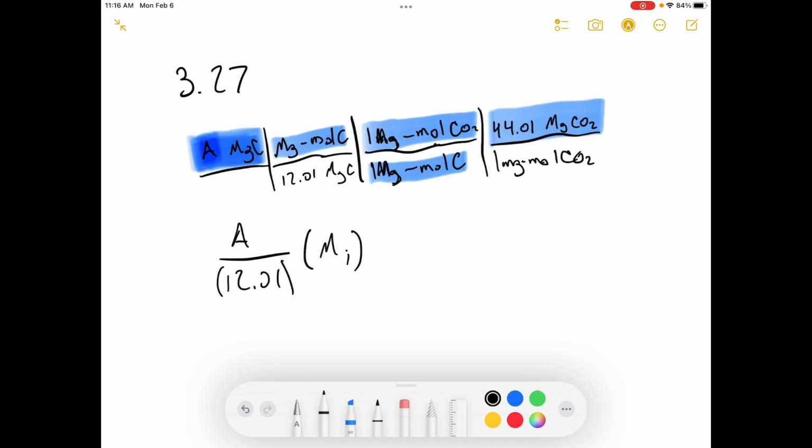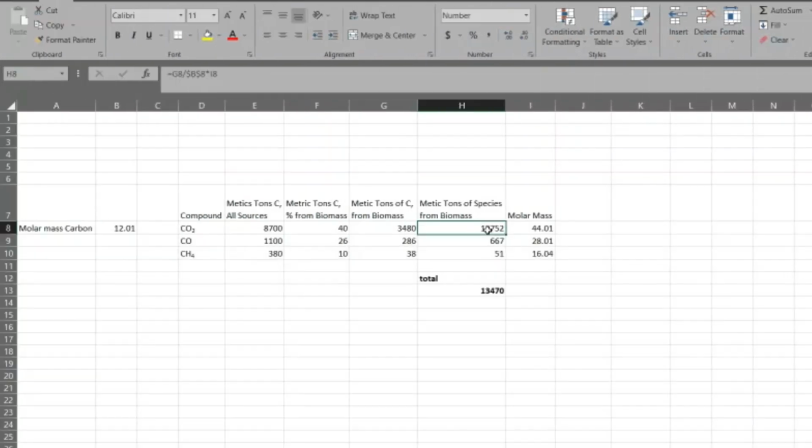And so that's what we do in this column, moving back over to the computer. We multiply by the starting amount of mass that we have, divided by the molar mass of carbon, multiplied by the molar mass of the species.